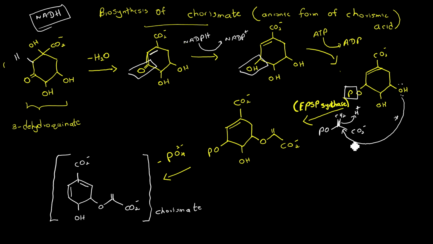So what we are going to obtain is, I'm going to draw the intermediate structure here. Let me draw it. Here we have our original molecule, CO2 minus, and here we have a double bond. Here we have an oxygen and phosphate group. I hope you know what the P means. This P means not the phosphorus, it's the phosphate group. And here we have an OH.